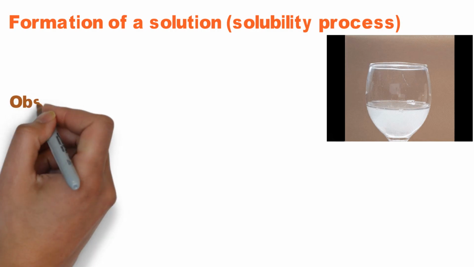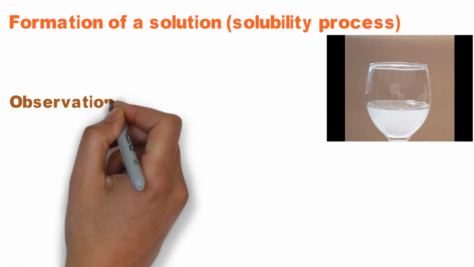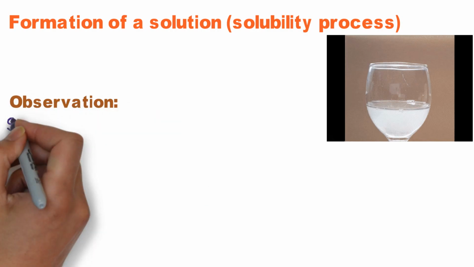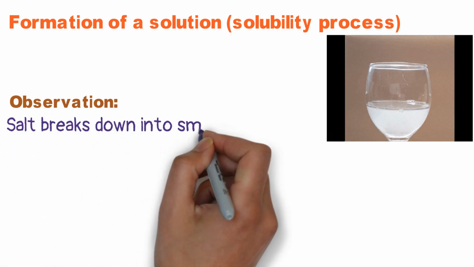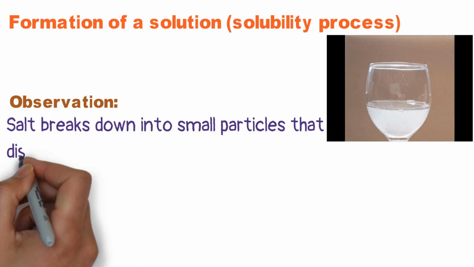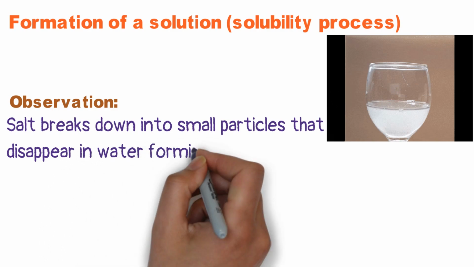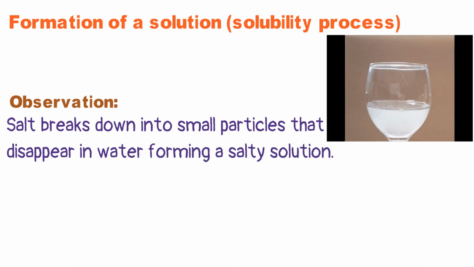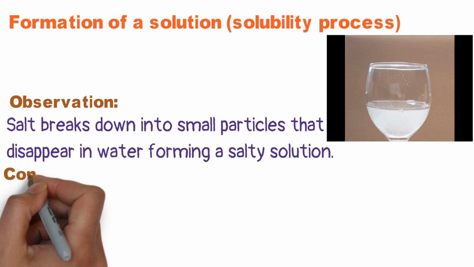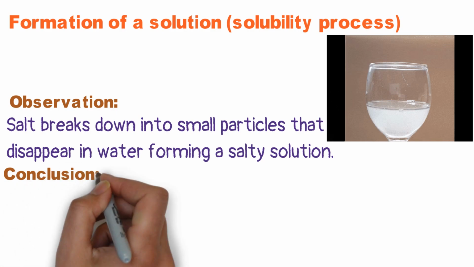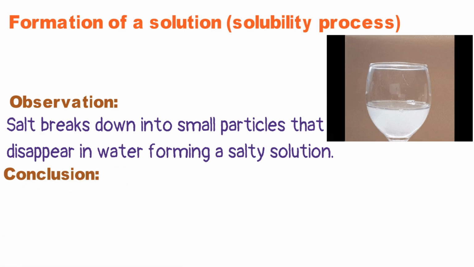What will happen? As we observe here, the salt breaks down into small particles that disappear in the water, forming a salty solution. In the case of sugar, it forms a sugar solution.